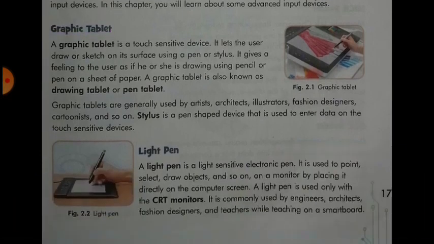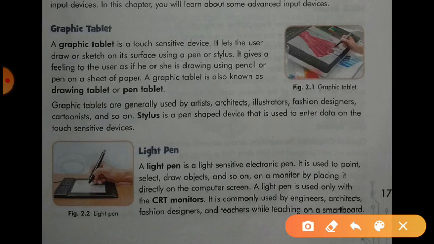Now the second topic is light pen. As you all know students, a light pen is a light sensitive electronic pen. It is used to point, select, draw objects and so on a monitor by placing it directly on the computer screen.